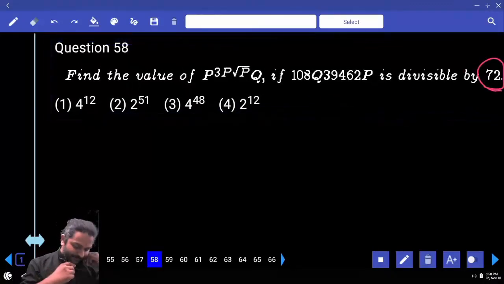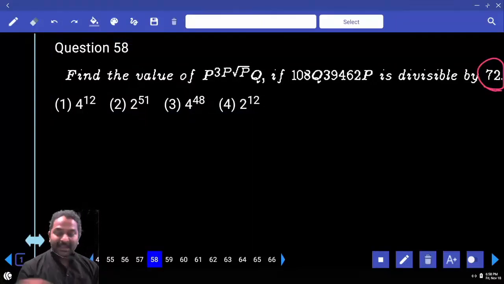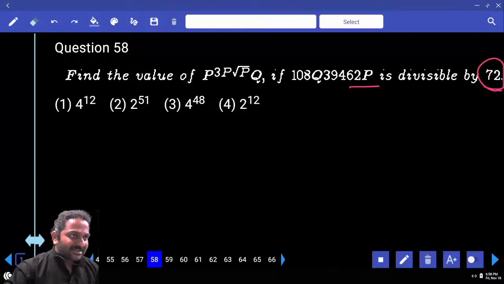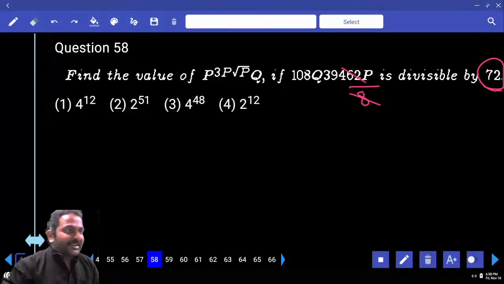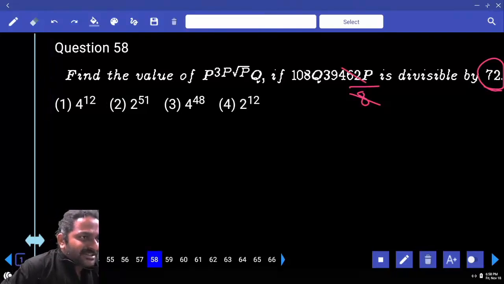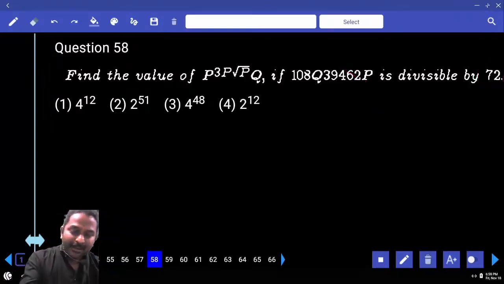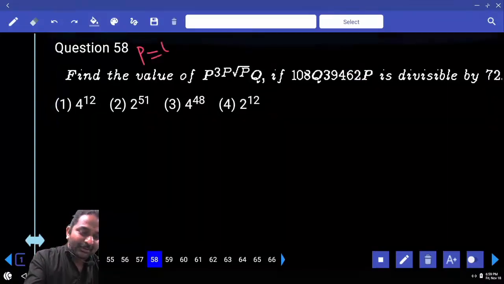Find the value of something which is divisible by 72. If a number is divisible by 72, it has to be divisible by 8 as well as 9. So 8 multiplication rule, last 3 digits, right? Concentrate only on the last 3: 6, 2, P. If it is divisible by 8, 8 times 7 is 56, how much is left? 6 and then P. P value must be 4.